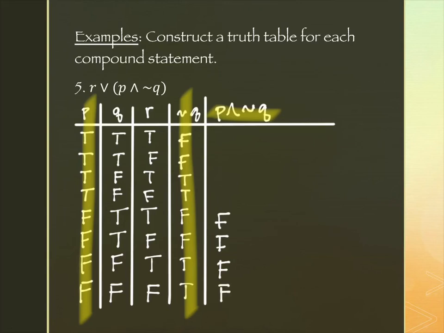So you don't have to go from the top down. It doesn't matter. If I do look at the top, I have 4 trues, right? So now it's hinging upon tilde Q. If tilde Q is true, it'll be true, and if tilde Q is false, it'll be false. So my first 2 rows have tilde Q being false.